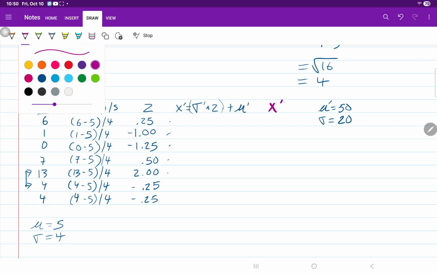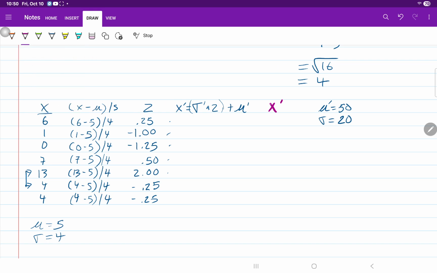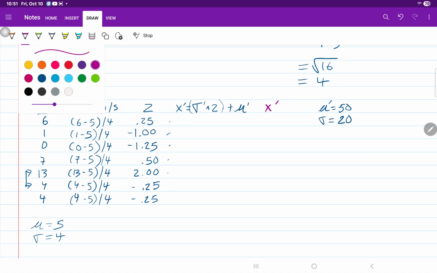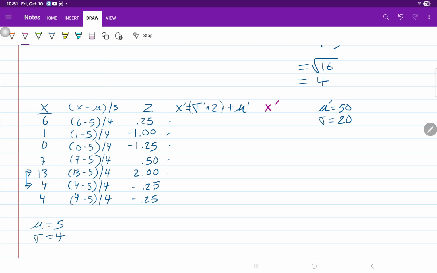A little bit easier to read. Call that x prime. So for our first one, we're going to take our new standard deviation, which is 20, multiply it by z, plus our new mean of 50.